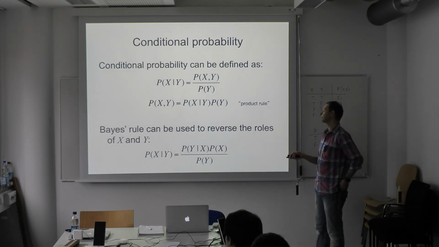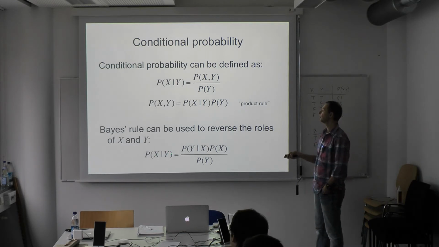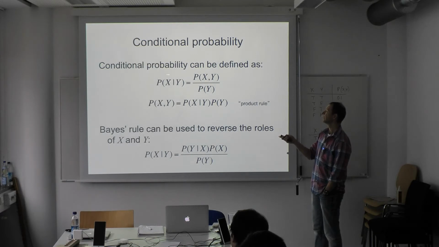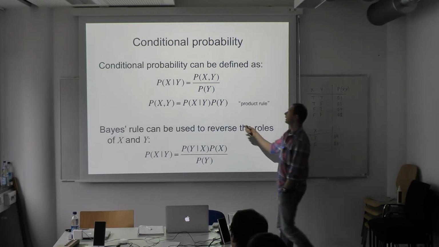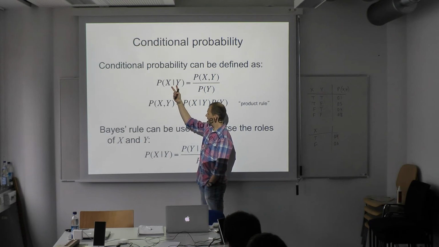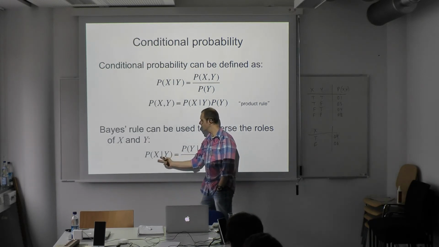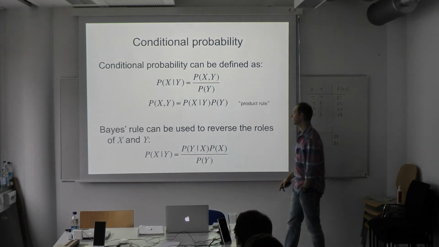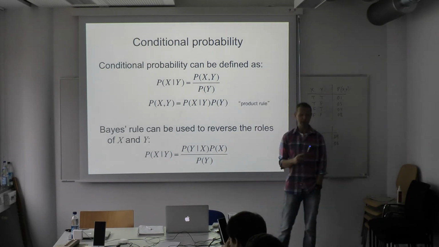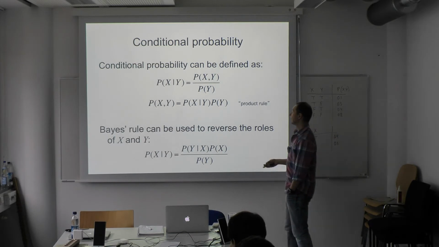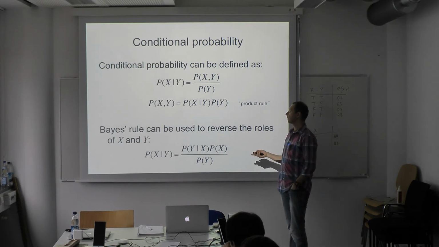I'm hoping that you would have seen this before, but Bayes' rule will allow us to derive the conditional probability for one ordering of x and y. So in this case, the conditional probability of y given x, from there we can actually determine the conditional probability of x given y, as long as we know the prior probabilities of x and y. It's a very convenient rewrite that we make use of quite frequently in probability theory.